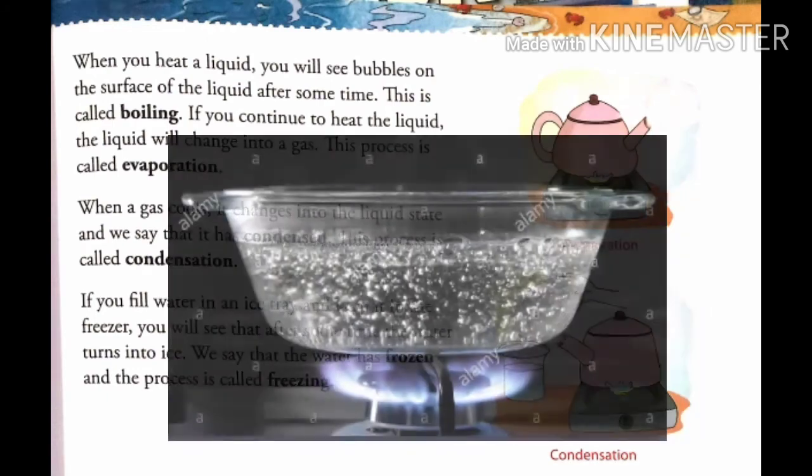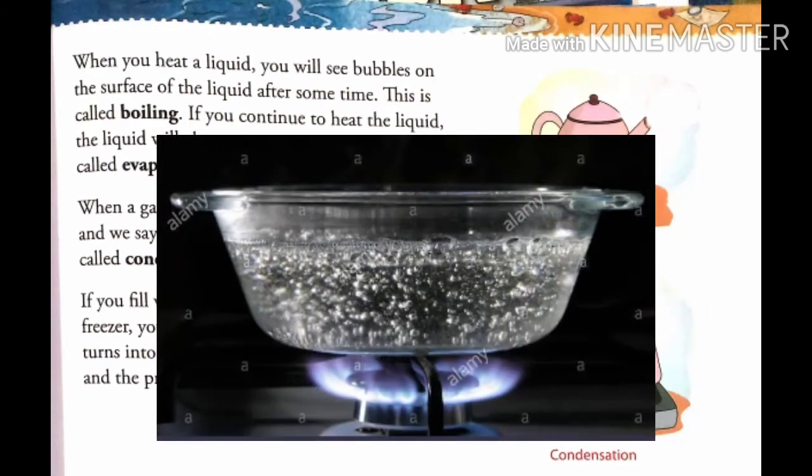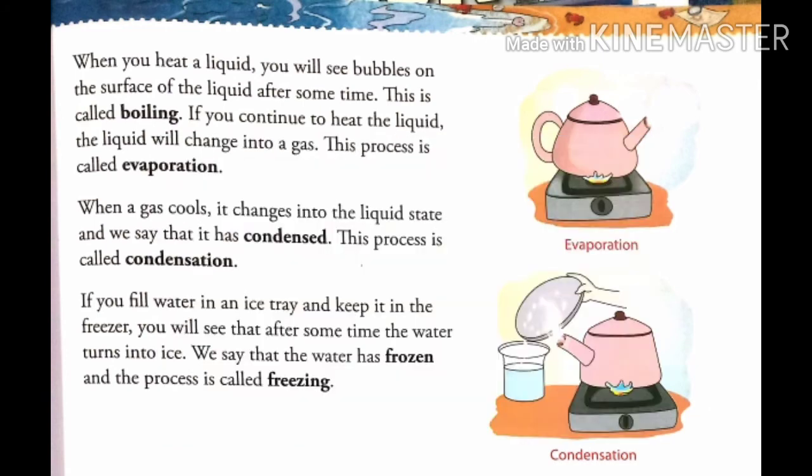For example, when we heat water, after some time we will see bubbles in it, and those bubbles mean that the water has started boiling. So this process in which a liquid is heated and gives out bubbles after some time is known as boiling.